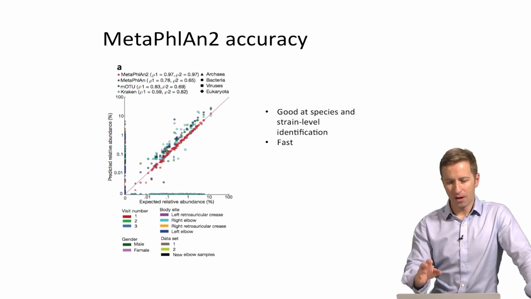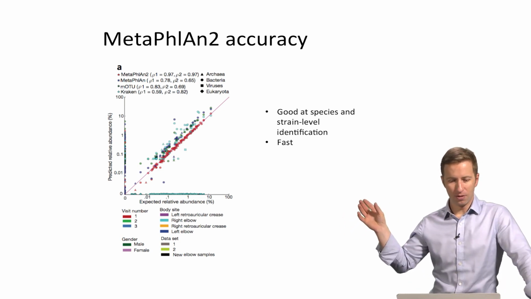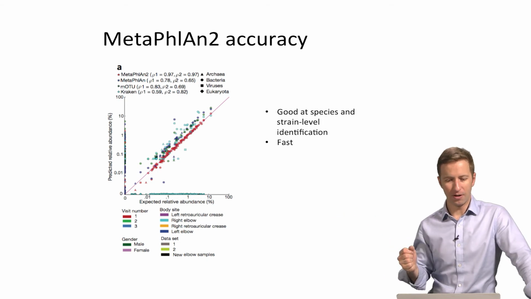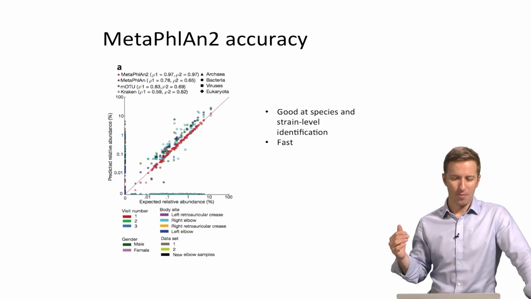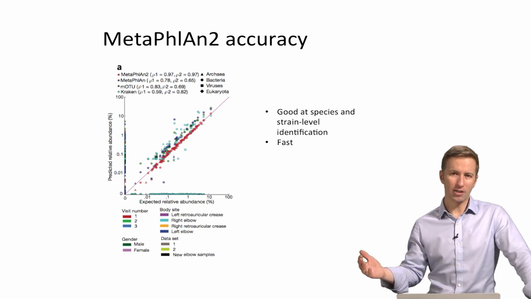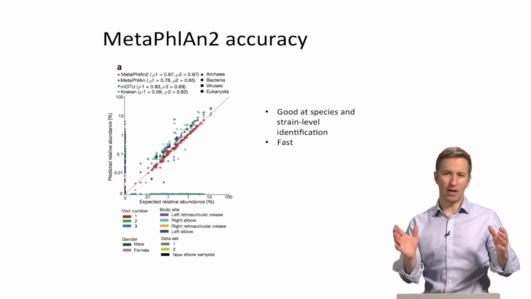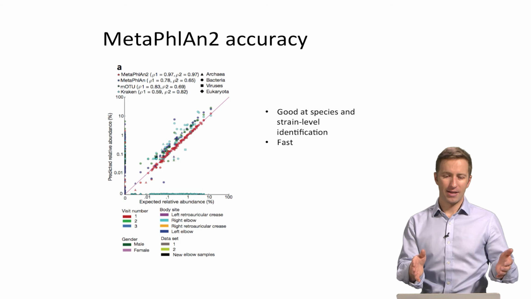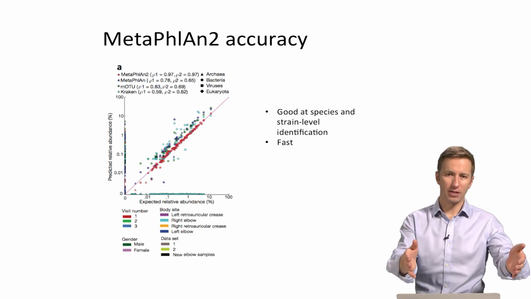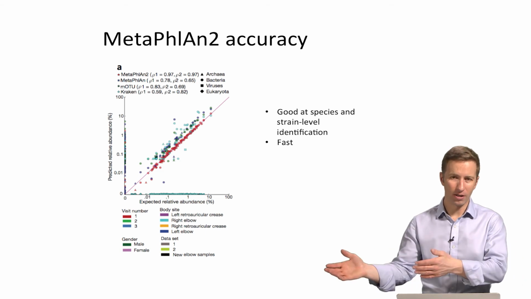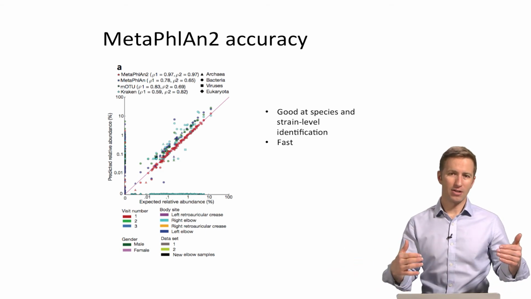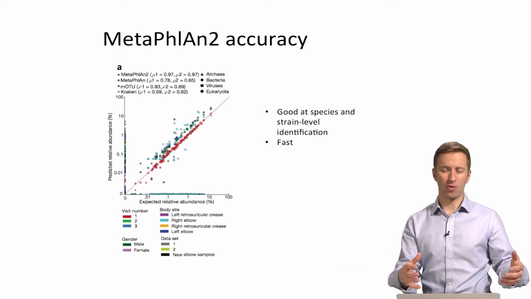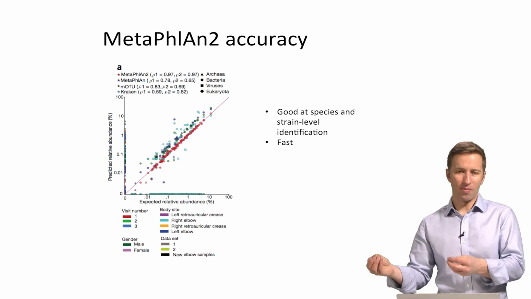Now, I mentioned MetaPhlAn 2. This sort of test may be a little unfair to it, because perhaps it's a little less accurate in the relative abundance, but it also identifies marker genes that are conserved in novel bugs that aren't in the reference database. And then it does clustering on those and reports OTUs from the metagenomic data.